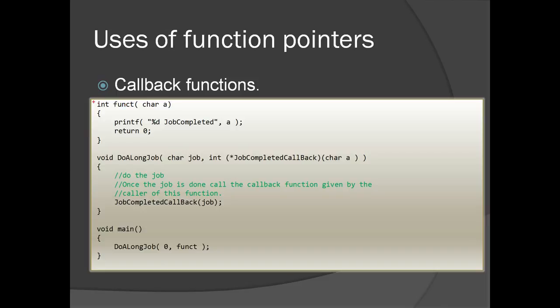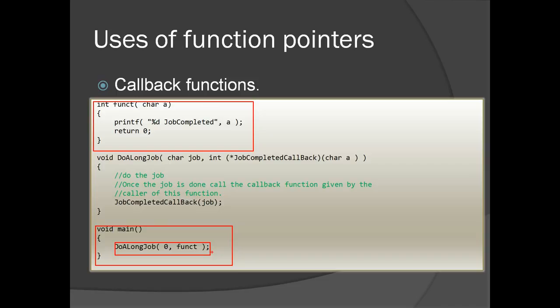So you have a normal function here. From the main, you are doing a very long job. You don't know when that job is going to get completed. This particular function is a long function.